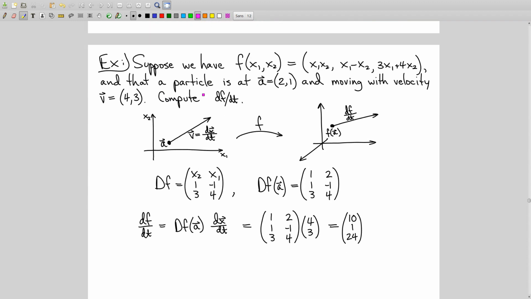I have a function here. This is the function for which there is a given input velocity, and the question is to compute an output velocity. That's what derivative matrices do per the formula on the previous page. So the relationship between this input velocity and that output velocity is the derivative matrix.